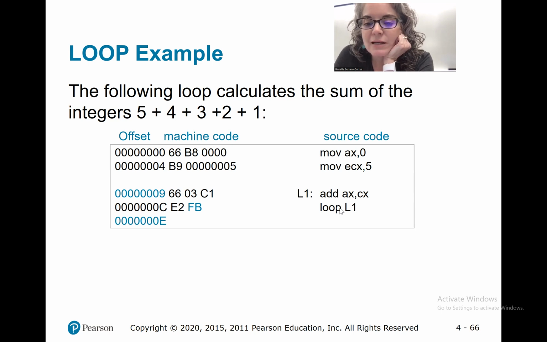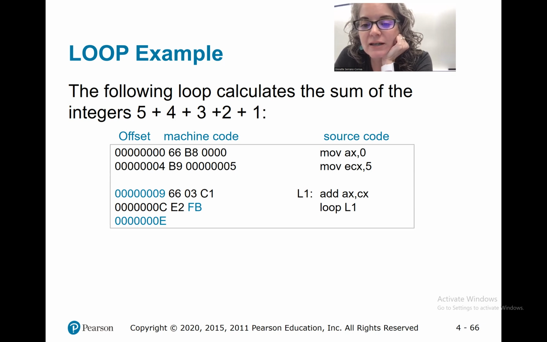Then ECX gets decreased to 3. 3 gets checked to see if it's equal to 0, and it's not. So then we add the 3 to the 9. So 3 plus 9 is 12. And then when we get here, ECX gets decreased, and now ECX is 2.